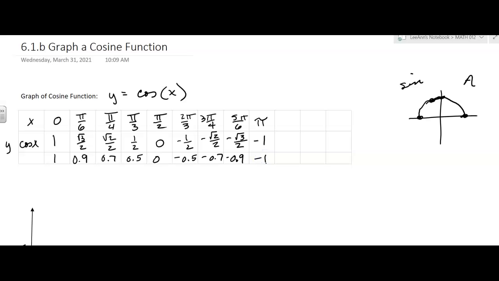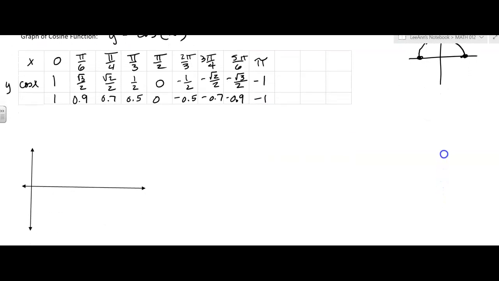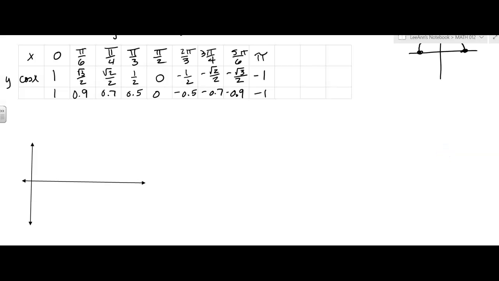Okay? Now, let's see what that looks like so far. I'm going to mark off on my graph 2 pi. I'm going to eyeball that and cut it in half and make that pi. And then I'll cut it in half again and make that pi over 2. And then I'll cut this one in half, and that'll be 3 pi over 2.